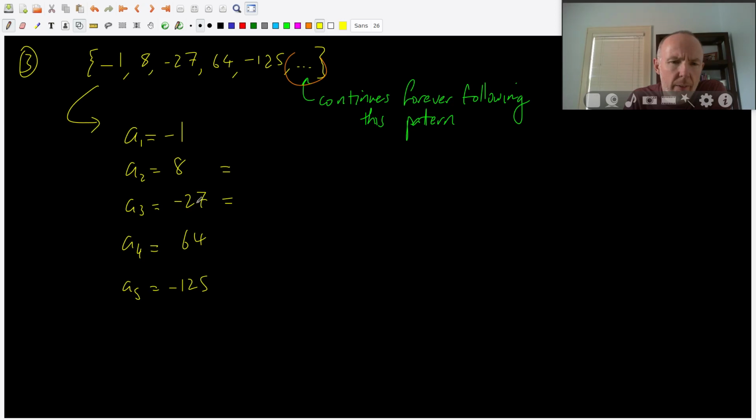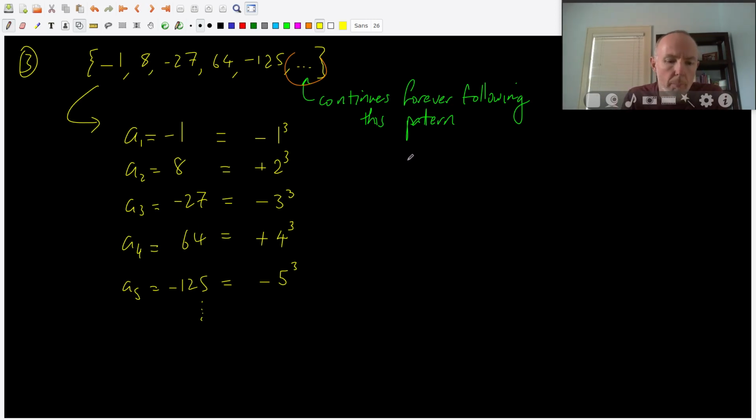And 27 is 3 cubed. So this is 3 cubed, and this is 2 cubed, and this is 1 cubed. Well, that has a negative, and that has a positive, and that has a negative. So does this fit the pattern? 4 cubed, 4 fours are 16, times 4 is 64. So now that's positive 4 cubed, and this is indeed 5 cubed with a negative, and presumably the rest of the terms in the sequence follow that pattern as well.